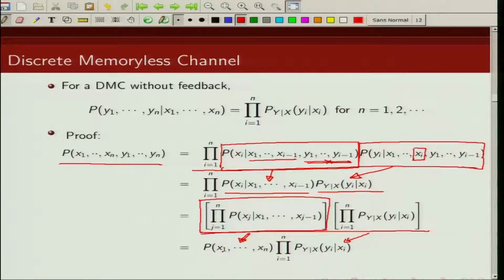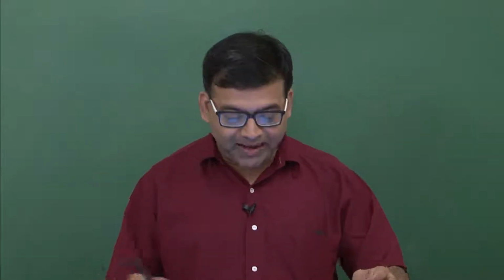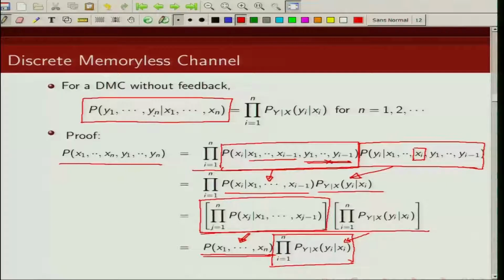Now if I divide both sides by this, on the left hand side I will get this, on the right hand side I will get this. So hence this proves that if I have a discrete memoryless channel without feedback, probability of y1, y2, up to yn given x1, x2, up to xn is given by this expression.